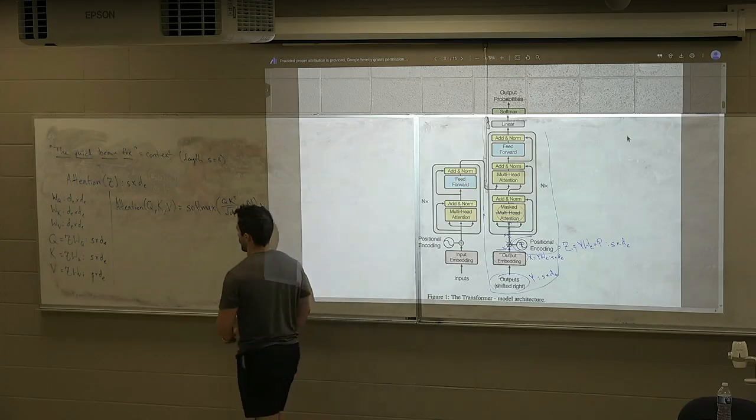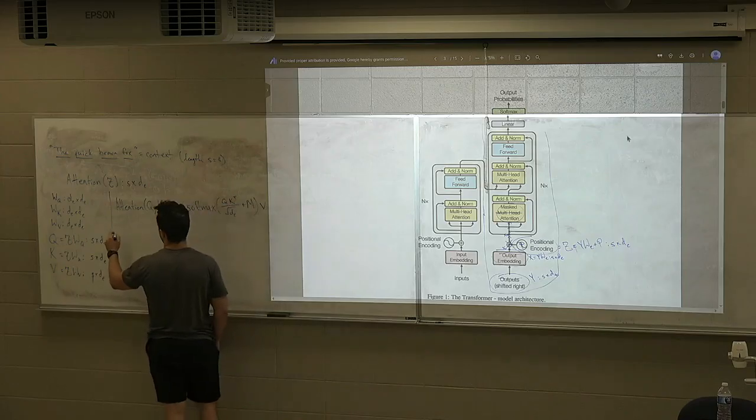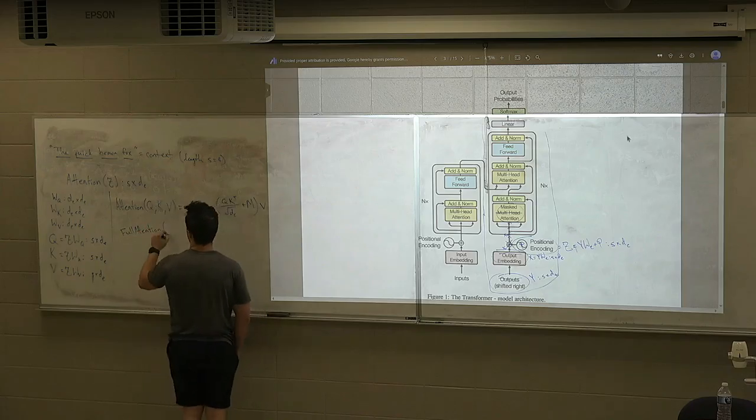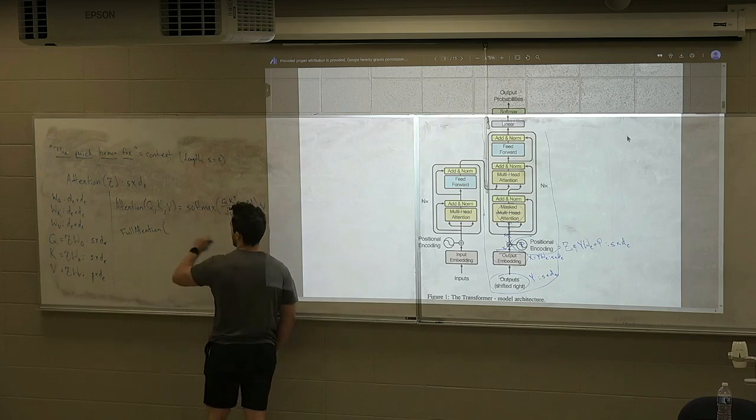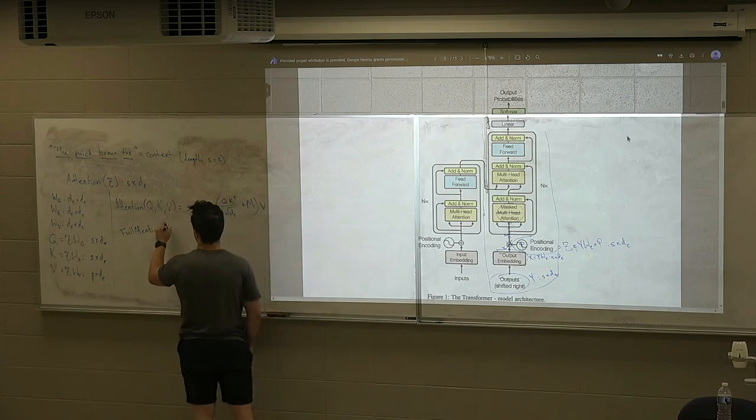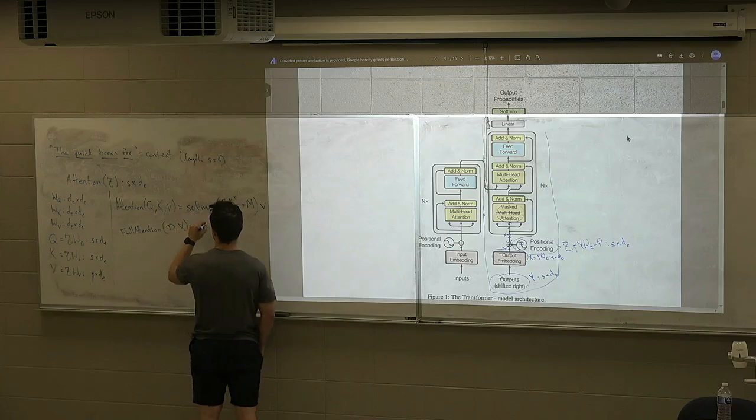So I'm going to come up with this basic thing called full attention. And it is not going to use Q and K. It's going to use something else called D. And it's going to look a little bit different.